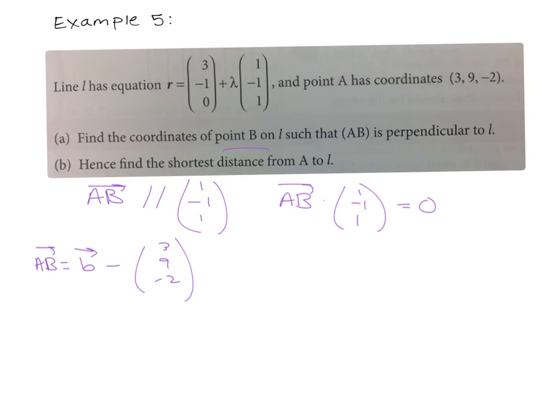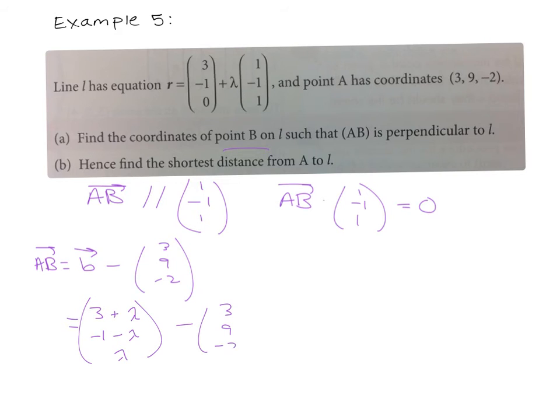We know it's on the line because it says find the coordinates of point B on L, which is the line that they gave us. So if it's on the line, it has to be in the form of 3 plus 1 lambda, negative 1 minus 1 lambda, and 0 plus 1 lambda. So position vector B has to look like that because it's on the line.